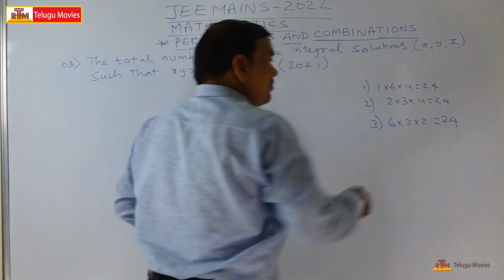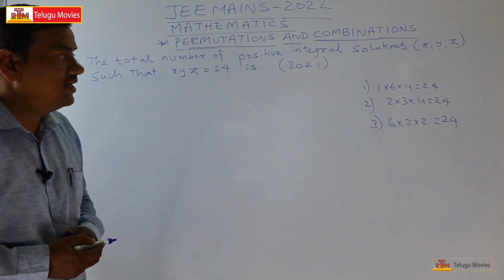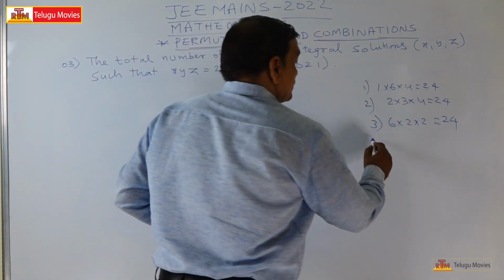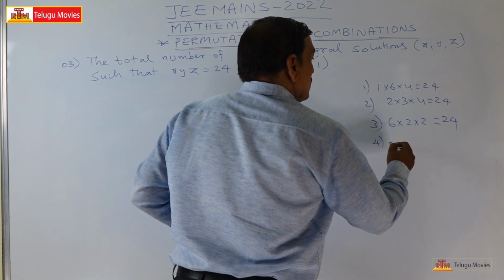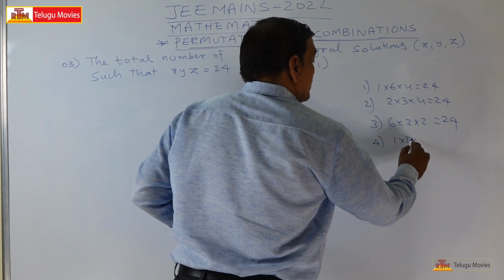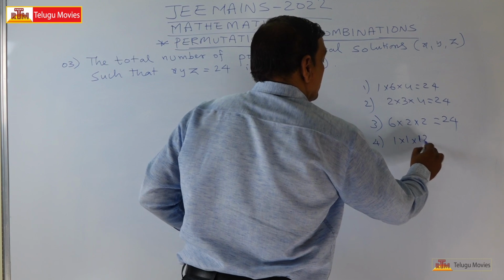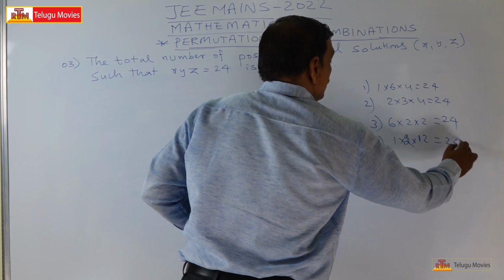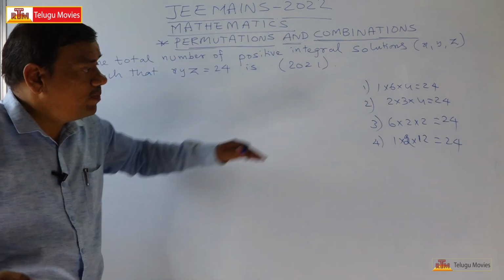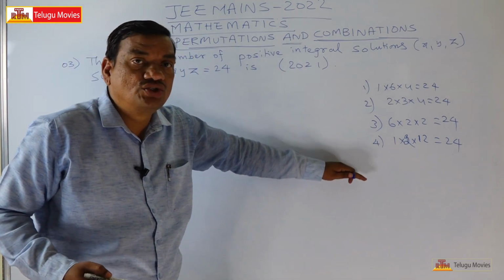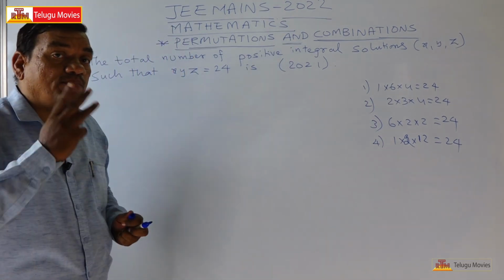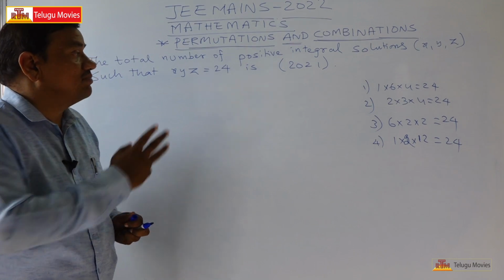So this is one combination, and this is another combination. Then another combination is 6 into 2 into 2: 6 twos are 12, 12 twos are 24. Fourth one, 1 into 12 into 2, this is also 24. Like that, how many such combinations will you get such that the product of the 3 natural numbers is equal to 24?